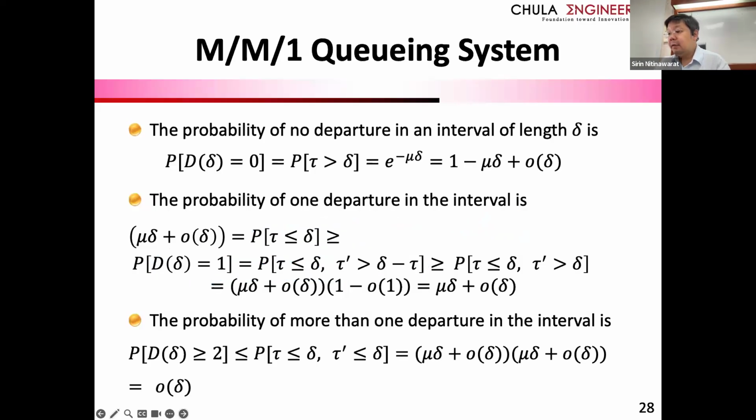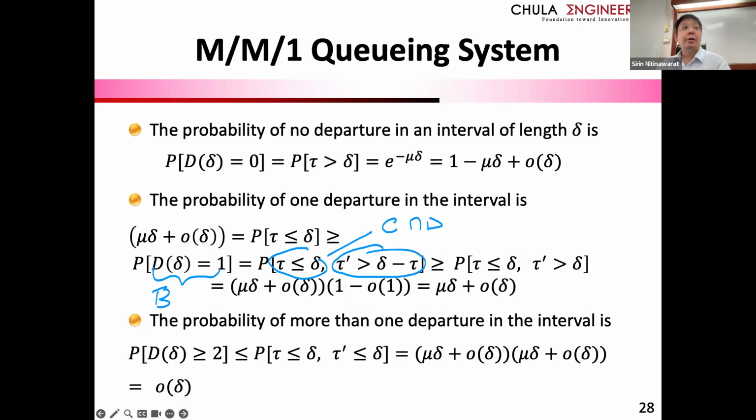So let's call this event B, right? I write B alternatively as, let's say, C intersect D, right? This is an AND.